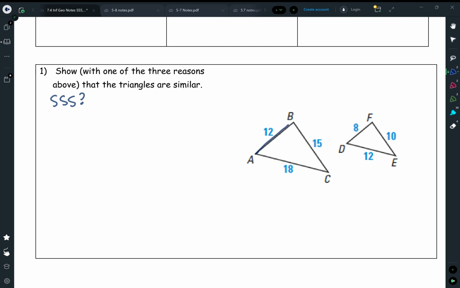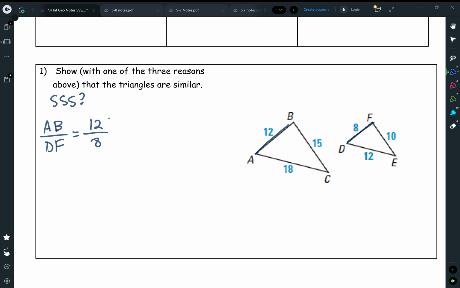First we're going to look at AB and DF, and we're going to write 12/8. Let's write AB to DF, and that one is equal to 12/8.